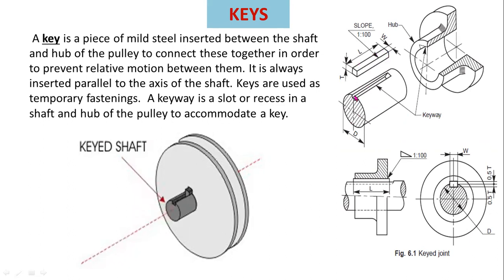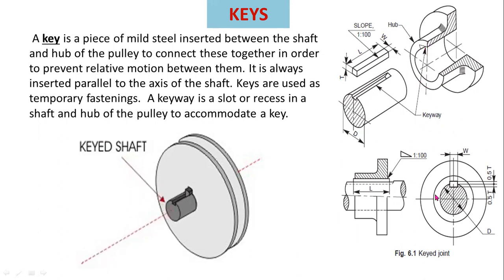This one is a keyway or groove, the key groove. This keyway is used for inserting this key. And this one is a hub. This hub also has a keyway.